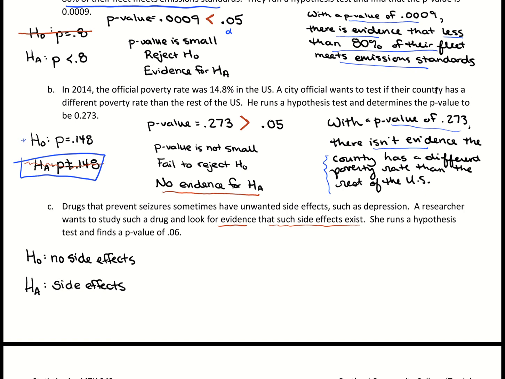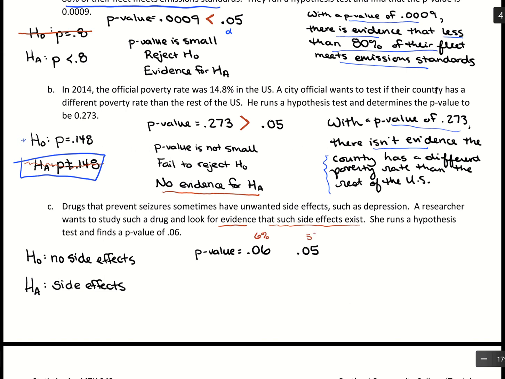So we have a p-value of 0.06, and we want to compare that to our significance level of 0.05 and figure out which one is larger. And sometimes it can be helpful, if you're having a tough time seeing with the decimals which is larger and which is smaller, to change them into percentages. This represents a probability of 6%.